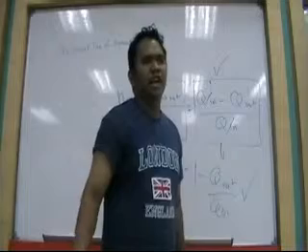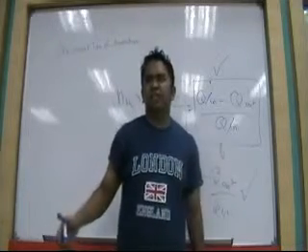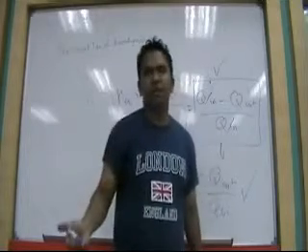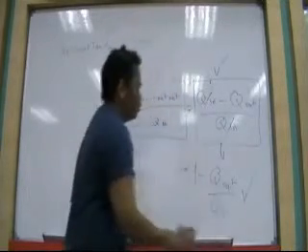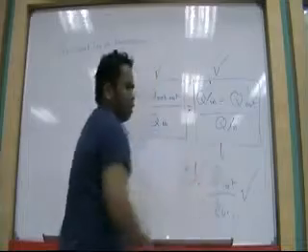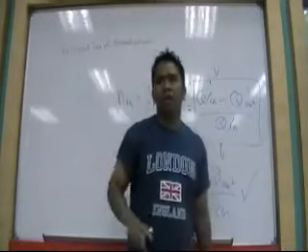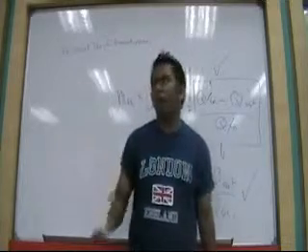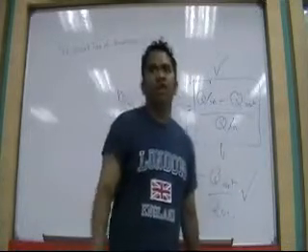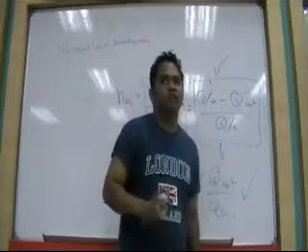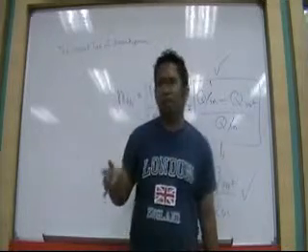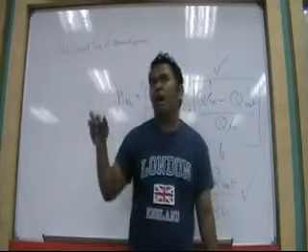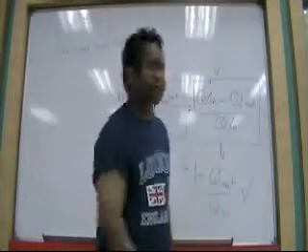Besides that, in a certain system, we also can use the formula of 1 minus QL over QH, where QL refers to the low temperature reservoir and QH refers to the high temperature reservoir.